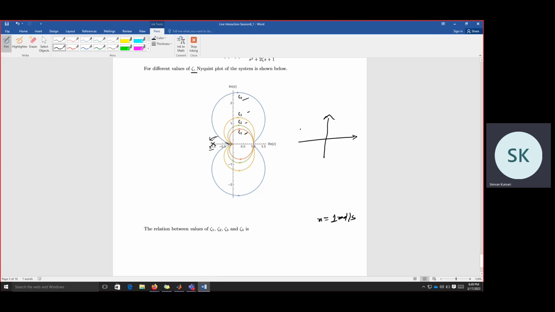Now let us correlate this with time domain analysis. Suppose that these are the poles, and this is another pole. If we consider this complex conjugate pole, it is far from the imaginary axis compared to this one. The farther from the imaginary axis, the more stable the pole. So compared to this one, this is relatively more stable.